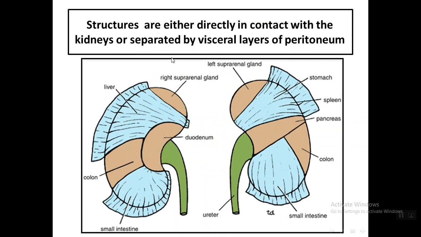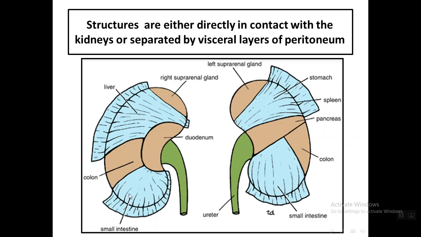Structures are either directly in contact with the kidneys or separated by visceral layers of peritoneum. لما يكون هذه الستركتشر أما حتكون in direct contact يعني بدون peritoneum راح يفصل بينه وبين بقية الأورجان، أو أكو layer of visceral peritoneum separate in between the kidney and the nearby organ.